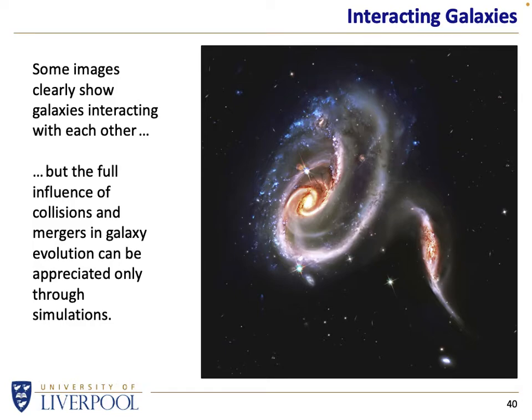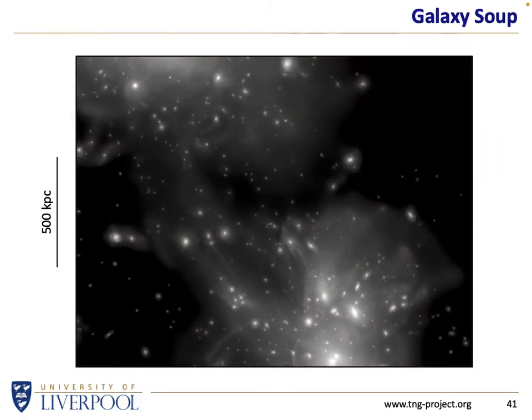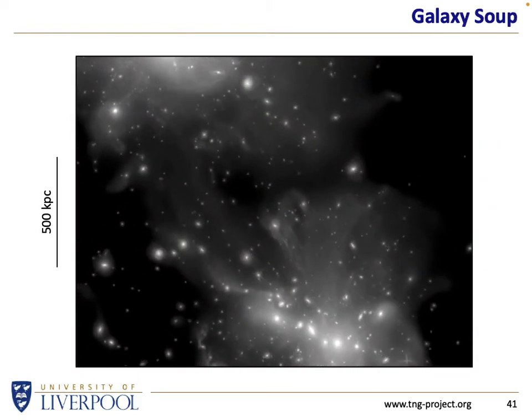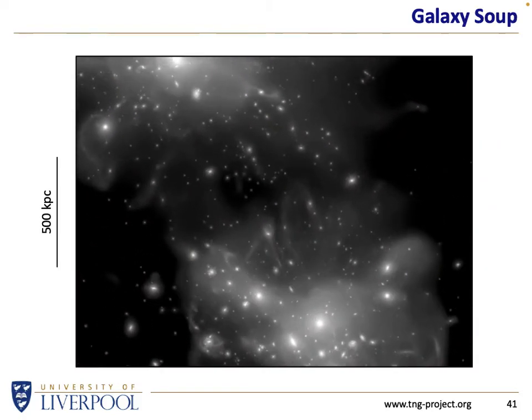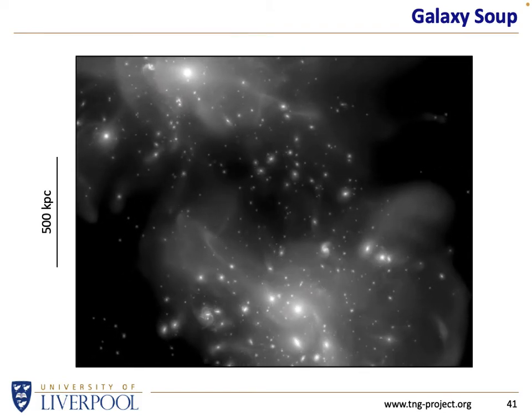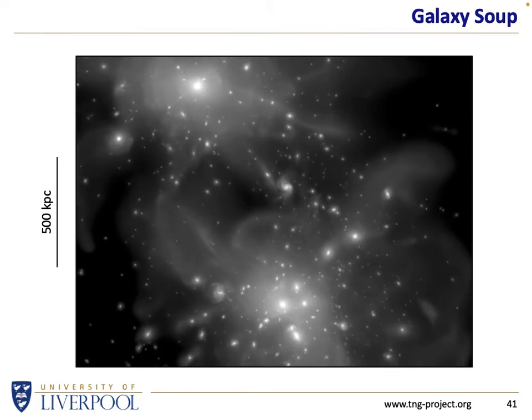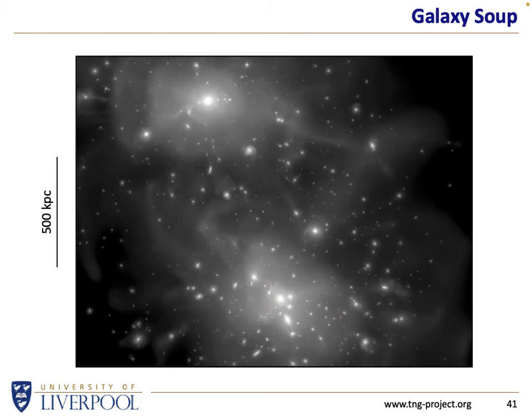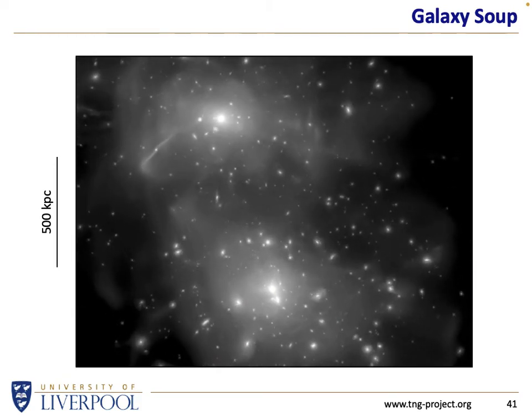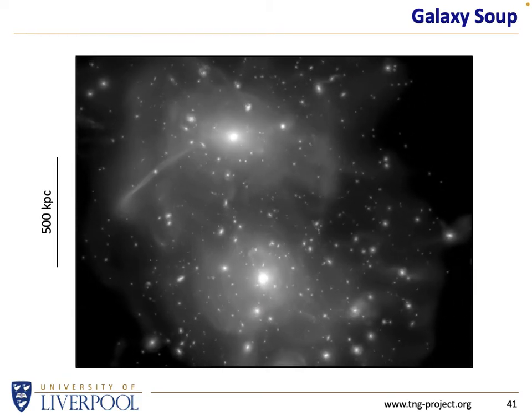And again, when we do that, we suddenly realize that galaxies are not large static objects that just look very pretty and sit there forever. When we run a simulation, we realize that galaxies are an absolutely chaotic system. Here we have lots of galaxies in a large region of space, a big galaxy at the top, a big galaxy at the bottom, getting closer.